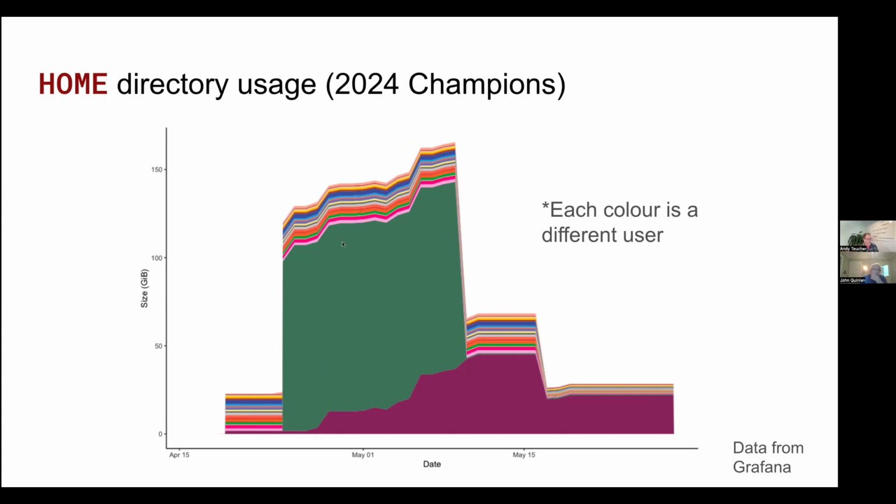But you can see that home drive storage can really balloon, up around 150 gigabytes. And then we started again to work with users to use that storage a bit more efficiently, and we've brought it back down. So yeah, just a little peek into how that storage can grow and shrink in the home drive.